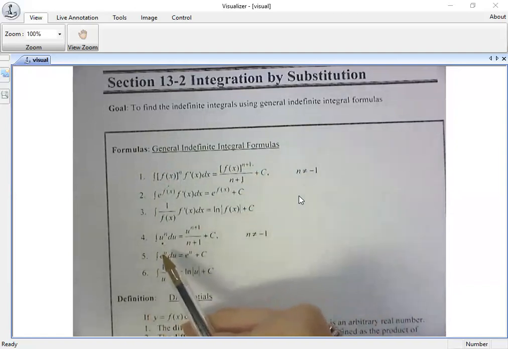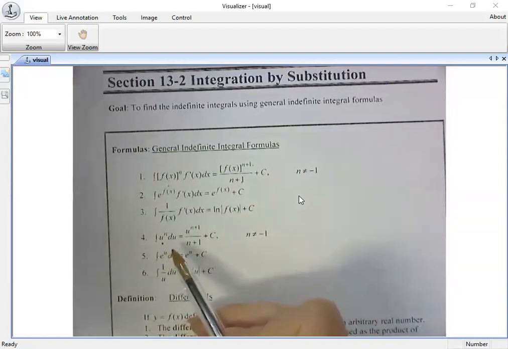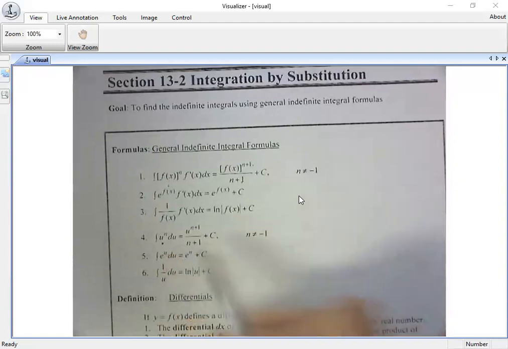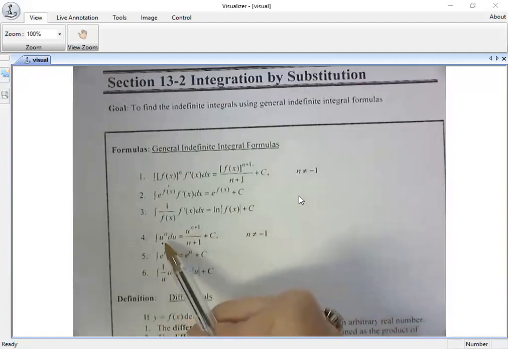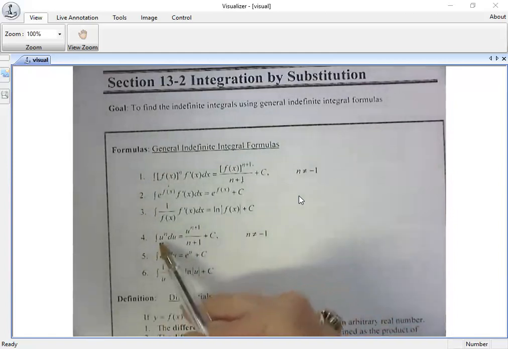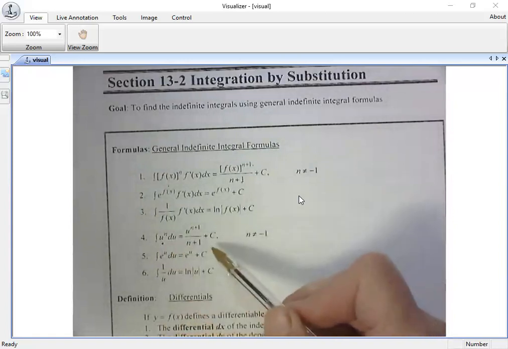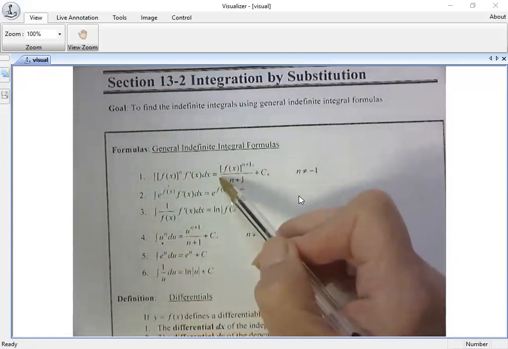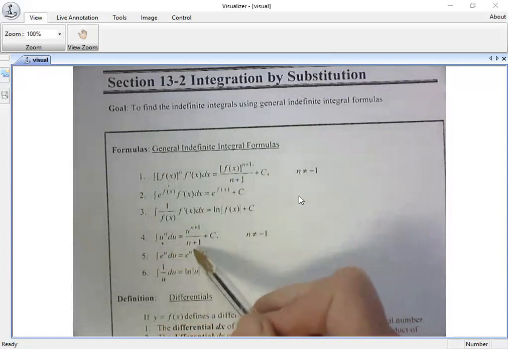In other words, instead of getting worried about all this other stuff, let's call that u. And as long as we can differentiate whatever u is and get a replacement for our dx, because it won't be a dx now, we're going to have to differentiate with respect to u.